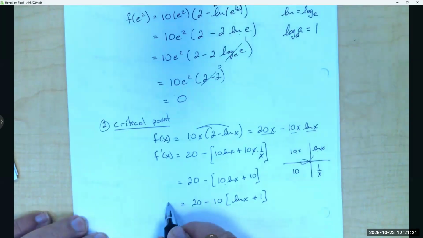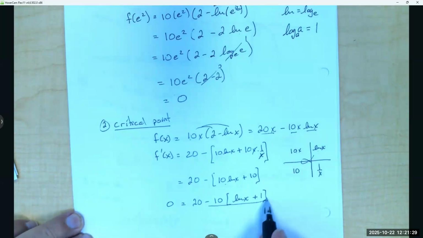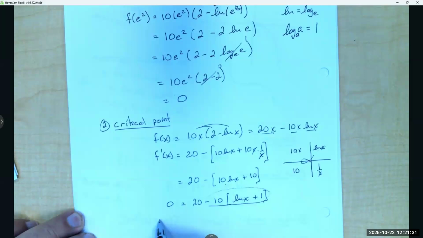So where does that equal 0? So move this whole equation here to the other side. So we have 20 equals 10 ln x plus 1.